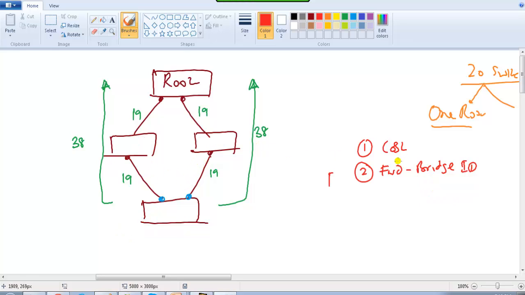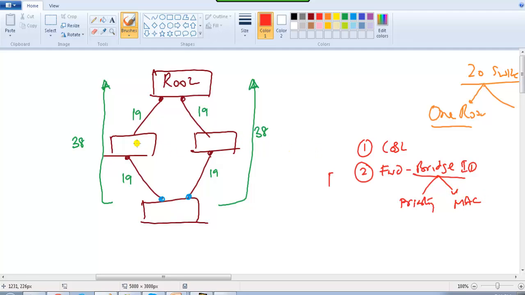Now, in case there is a tie in the priority value, if I assume the priority value of these two devices is 32768 and 32768, because by default, when you talk about bridge ID, if you go with the default values, the priority value will be the same. Then the tiebreaker will be the MAC address. So bridge ID means first it will see the priority value. If there's a tie in the priority value, then it is going to see the MAC address.